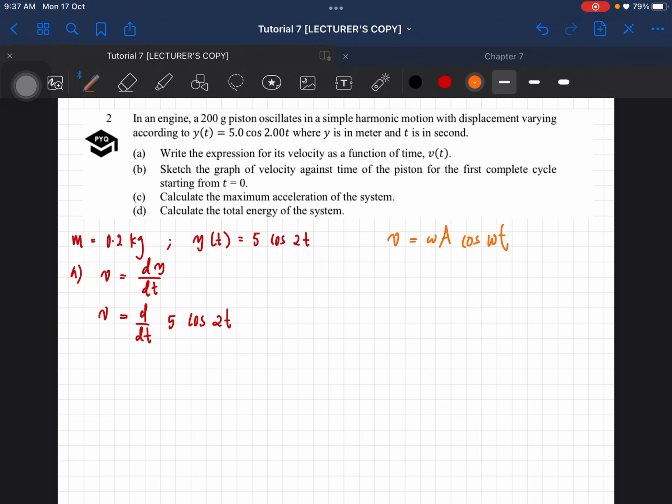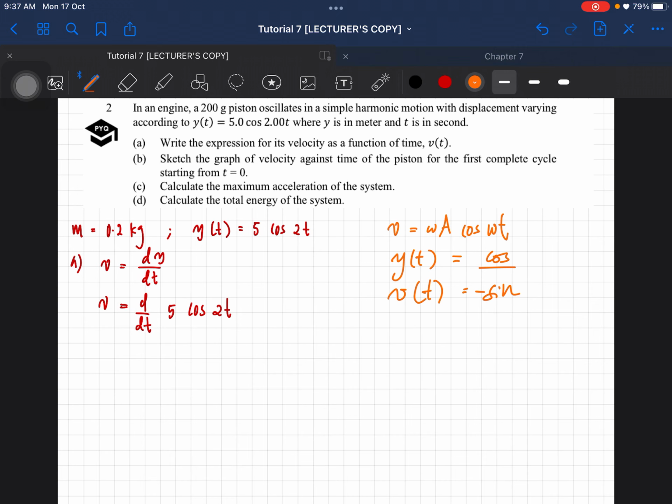So basically, if the equation of y is in cos, your velocity equation should use sine. But it is not only sine, it should be negative sine.